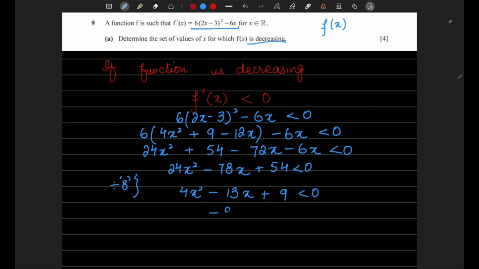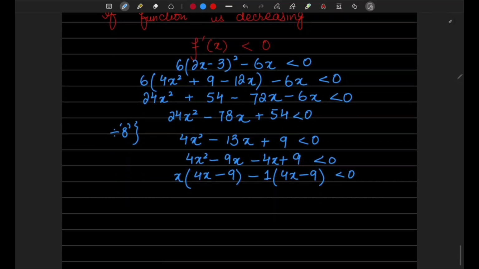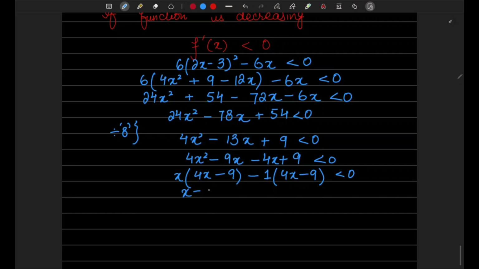That would be minus 9 and minus 4. Taking common factors, this gives (x minus 1) times (4x minus 9) less than 0.